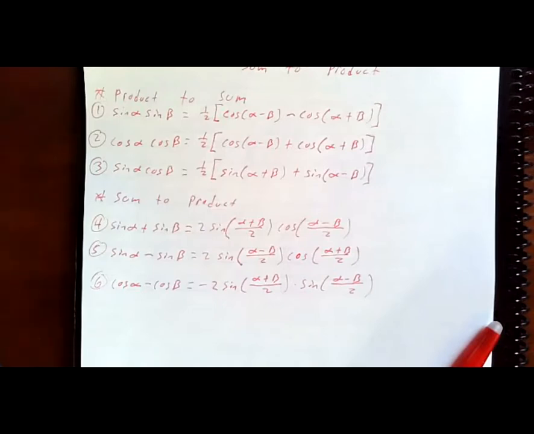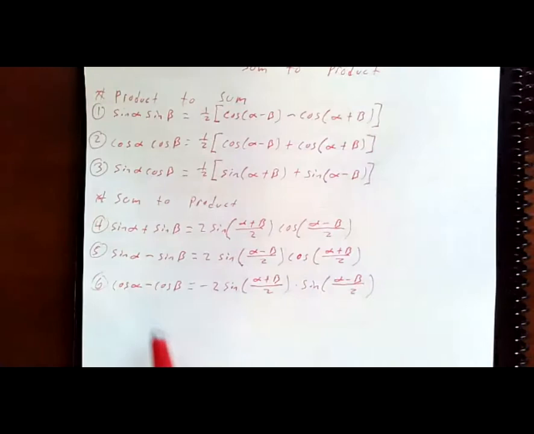Cosine plus cosine minus cosine. That's right. Sine plus sine. That is correct. Sine minus sine. Yeah. Sine minus sine plus.